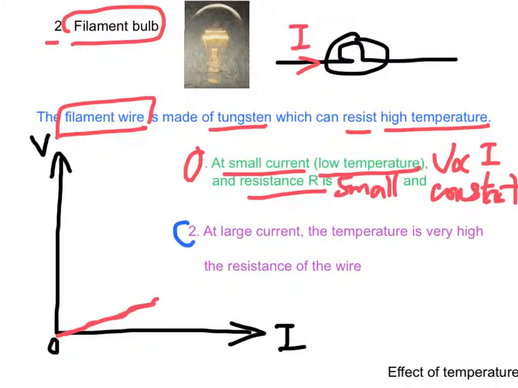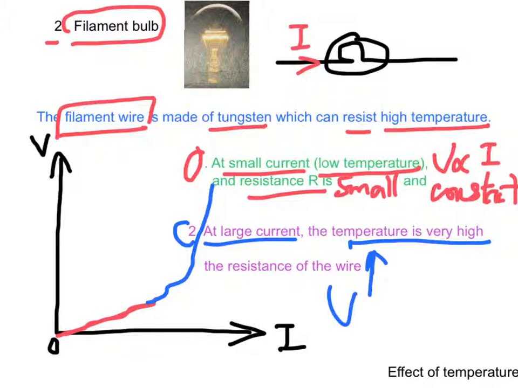At large current, the temperature is very high and the resistance of the wire increases. In this case, we say the voltage is no longer proportional to current.